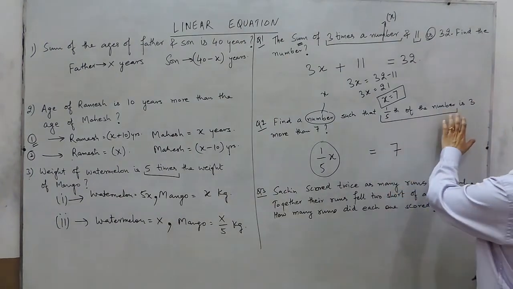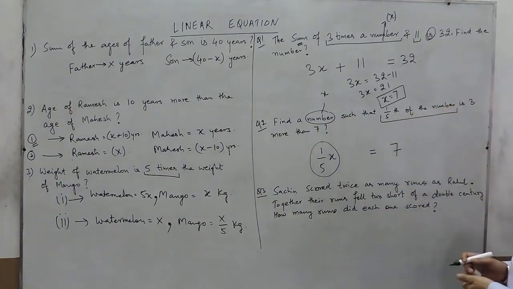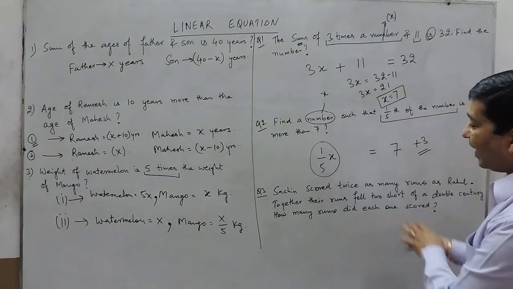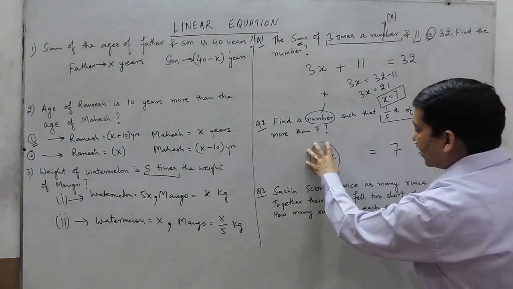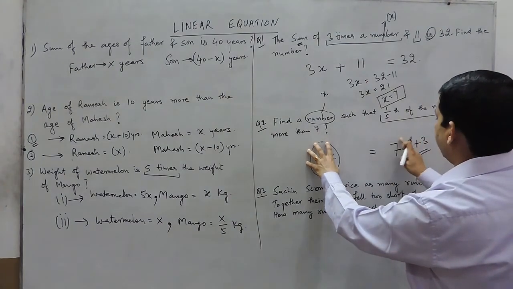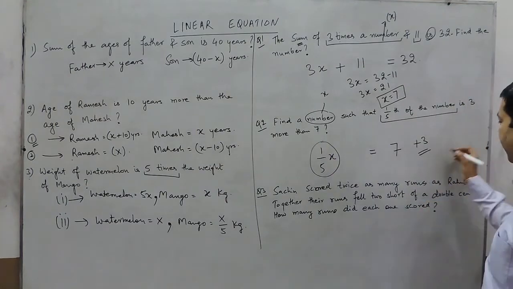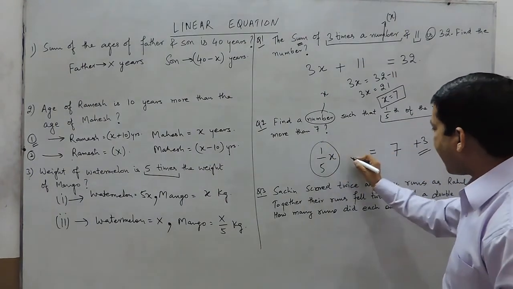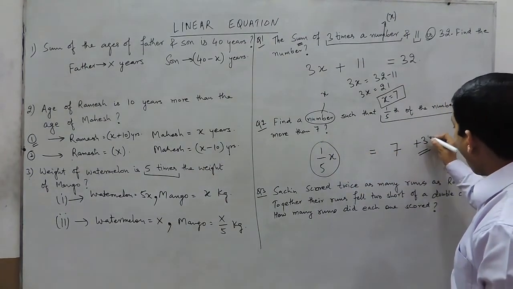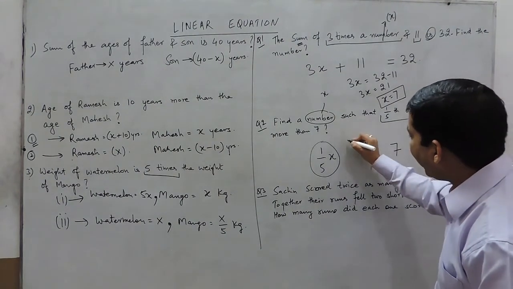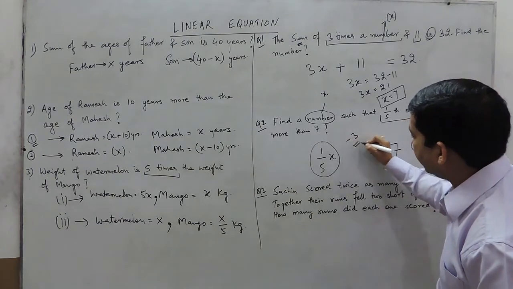Now the point is, when I am saying 1/5 of the number is 3 more than 7, then we can add 3 here and equate them. Because this number is 3 more than 7 means 7 plus 3 must be equal to this. So it can be written as 1 by 5x is equal to 7 plus 3. Or, if I am not adding this on the right hand side, we can subtract 3 on the left hand side.